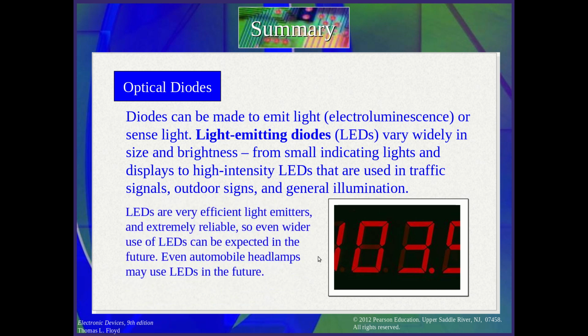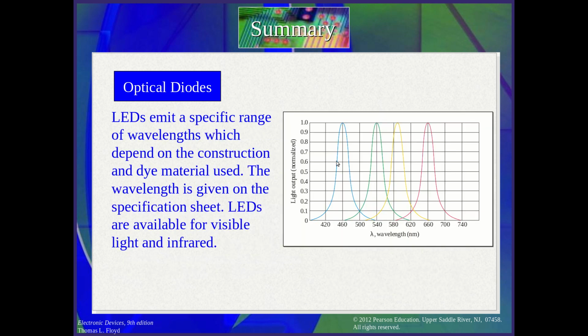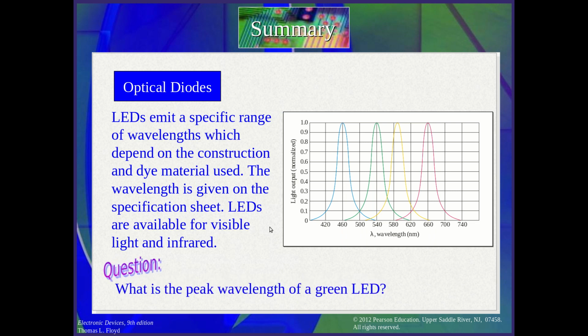They are very effective and have a specific range of light, according to the specification in the data sheet. Here we speak about the peak wavelength of the green LED. It is 540 nanometers. You can get this from the data sheet or from this figure.